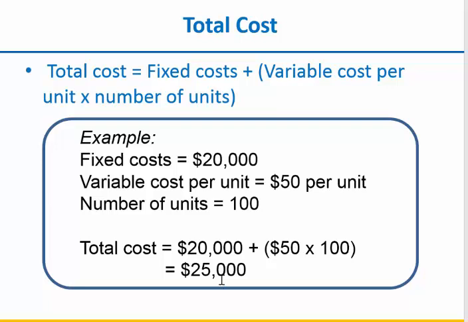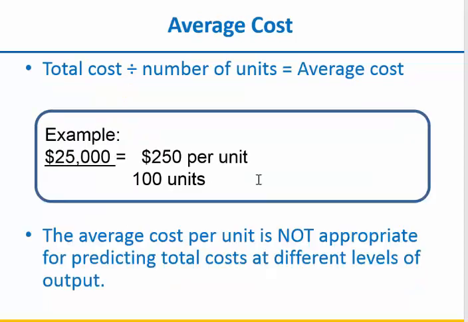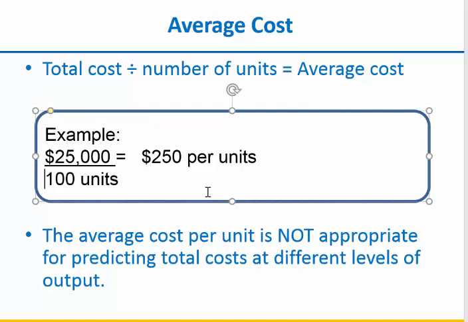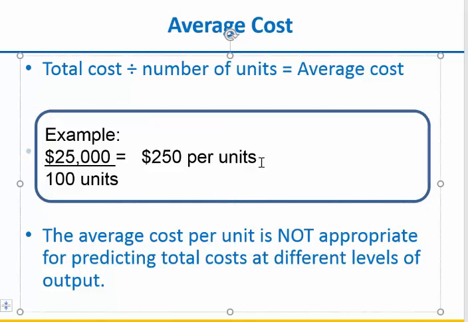Then we can divide the 25,000 by 100 units, which is sitting here. Let me move this here. Sorry. So if you divide 25,000 by 100 units, you get the average cost per unit.